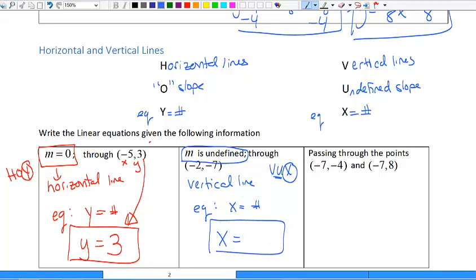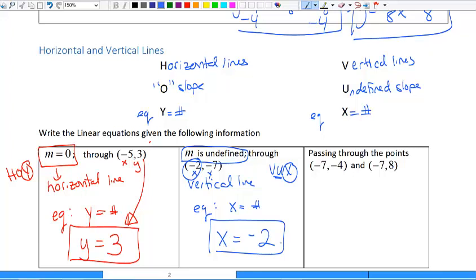Well, which number is it? You only have two other numbers left. You have -2, -7, which is the x and the y. In this case, because my equation is x equals some number, I just take the x number from the point, and there is my solution. That is the equation passing through the point -2, -7 with an undefined slope.